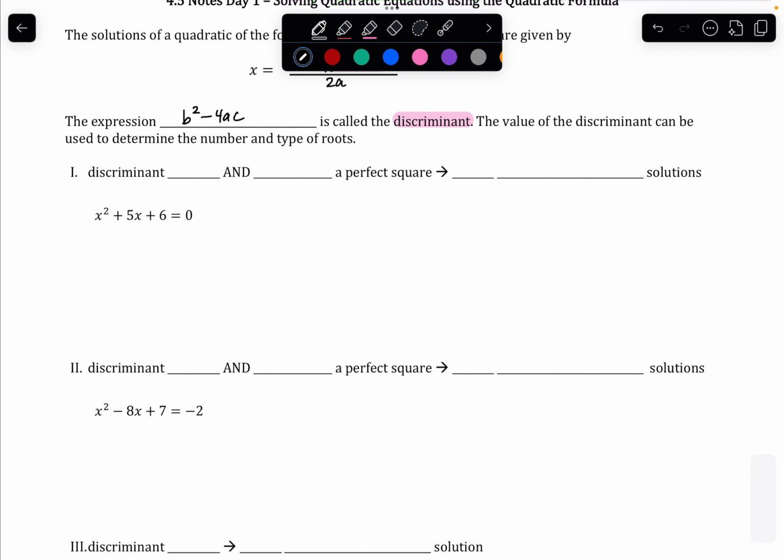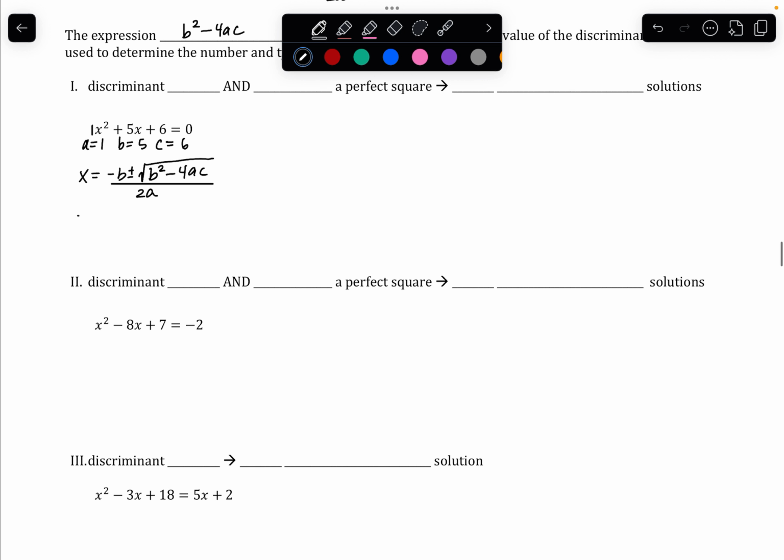For this one, I can see that my A value is 1, my B value is 5, and my C value is 6. To set up the formula, x equals negative b plus or minus the square root of b squared minus 4ac all over 2a.